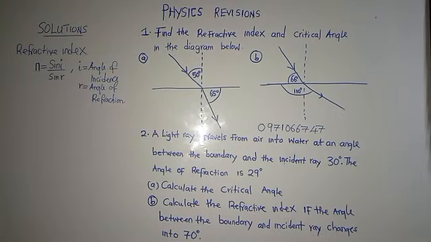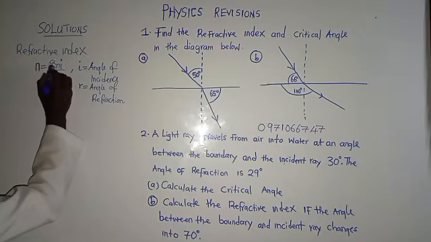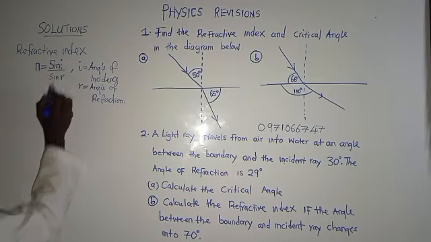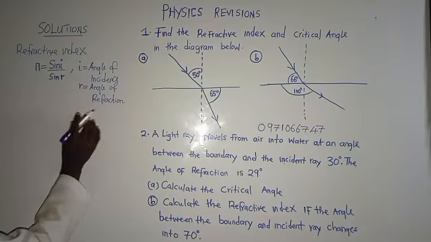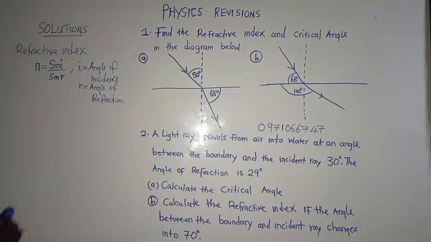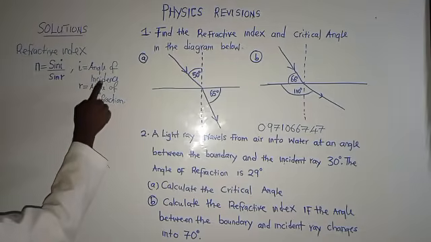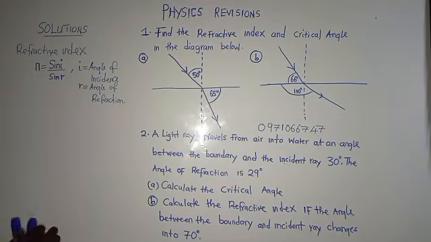So that is the formula that we use if we want to find the refractive index. We say sine i, where i is the angle of incidence, over sine r, which is the angle of refraction.